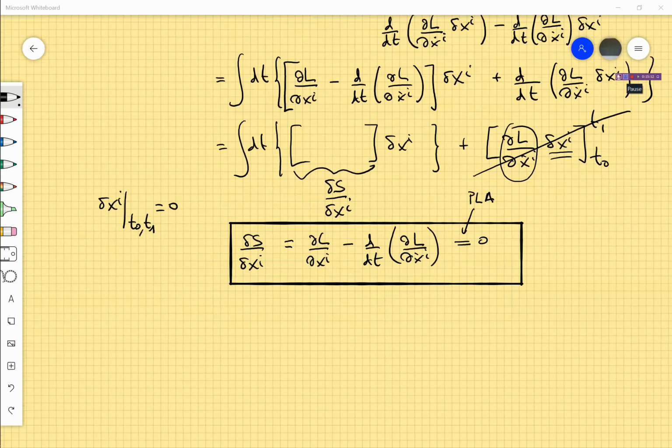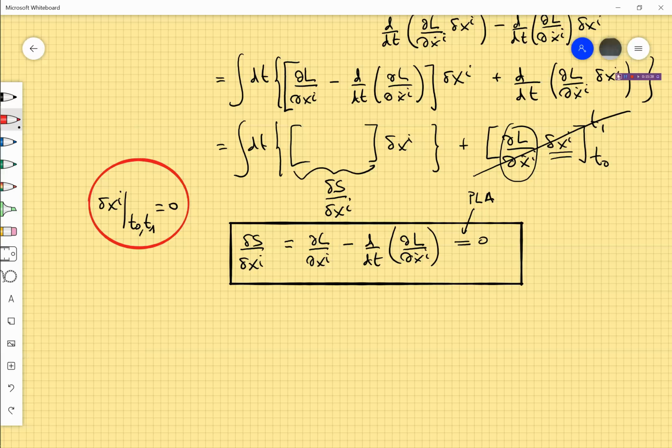So let us finish by making some important remarks. The first remark is that in this derivation, in showing that the principle of least action leads to the Euler-Lagrange equations of motion, it's crucial that these variations really vanish at the boundary of integration, which here is the points t0 and t1.